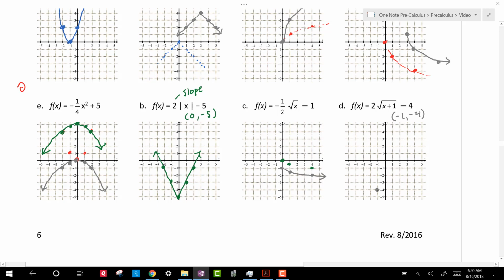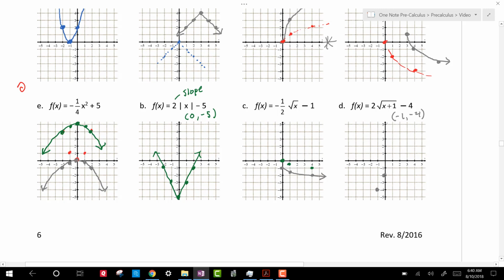Now, I'm supposed to multiply everything by 2. So if you look at this graph up here on top, using this graph as a pattern, my next point normally goes up 1 and over 1. Because of the 2 in front, it's going to go up 2 and over 1.